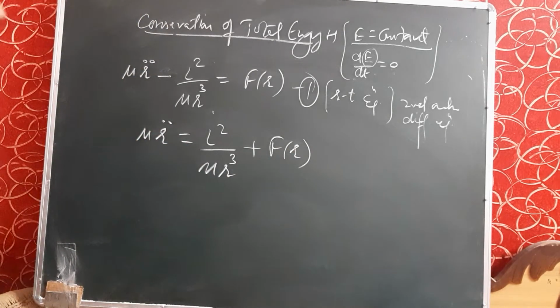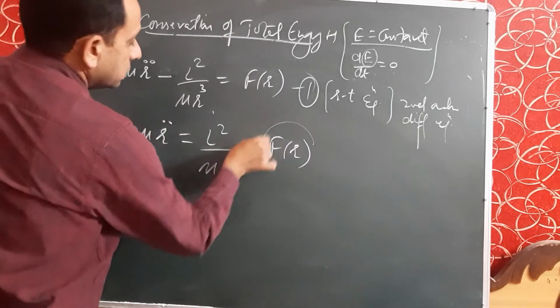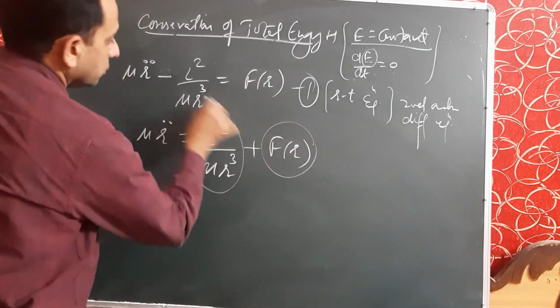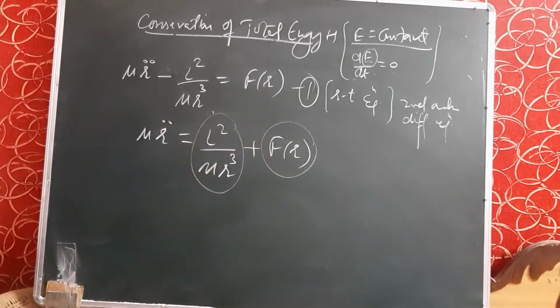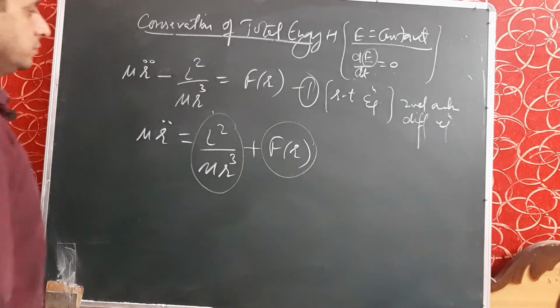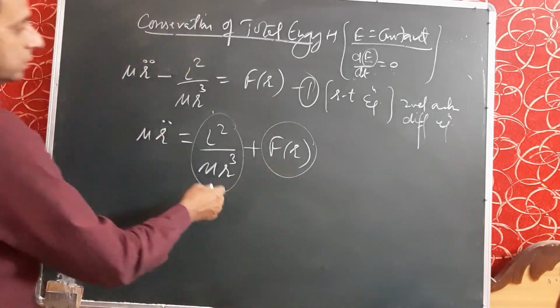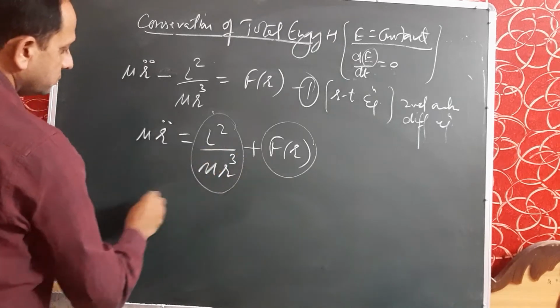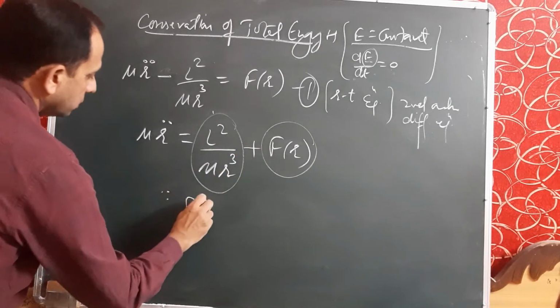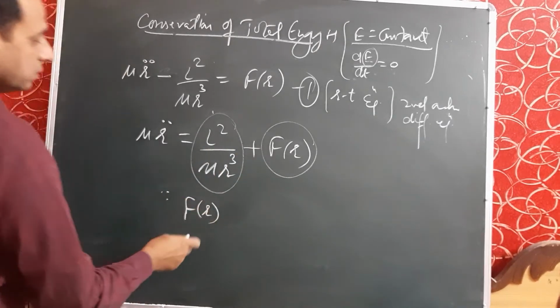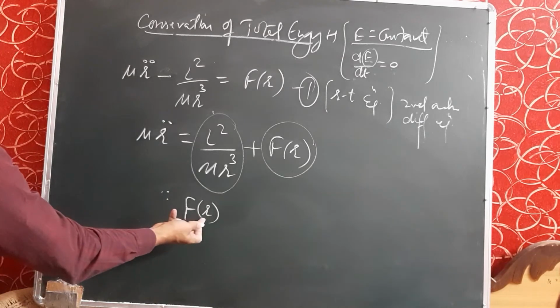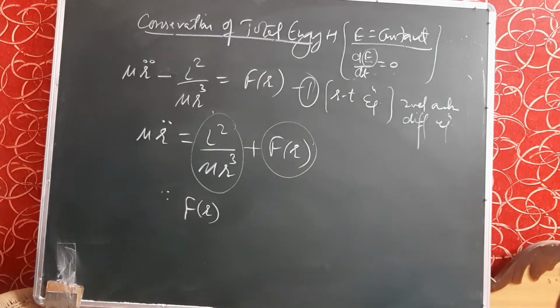Now reduce these terms which are on the right hand side into differential form. So what is the formula for these terms? Since you know that f of r, the force which depends upon r, is also called a conservative force.